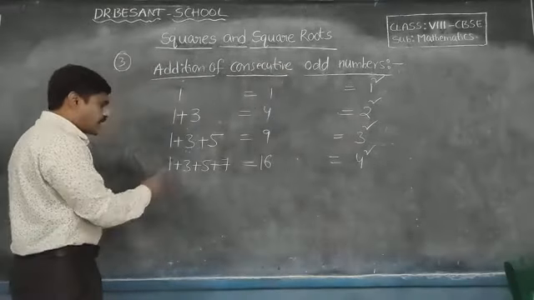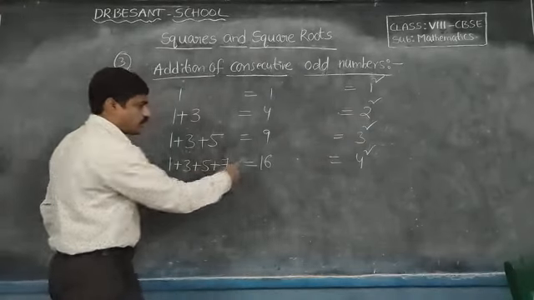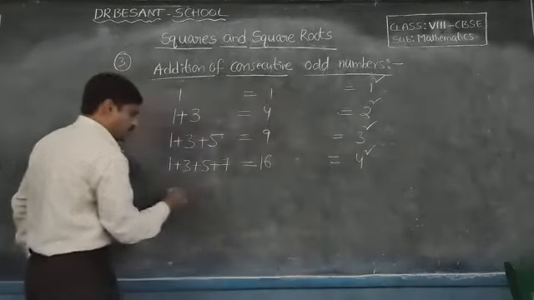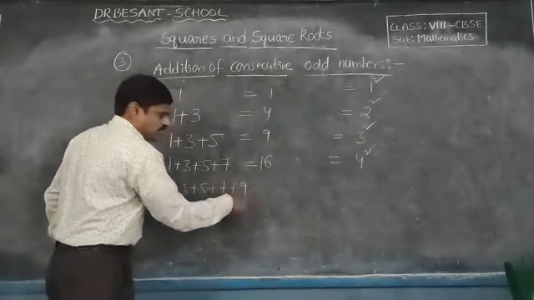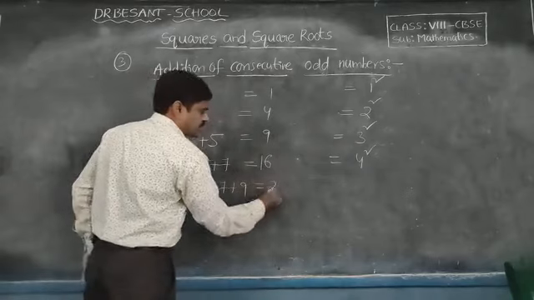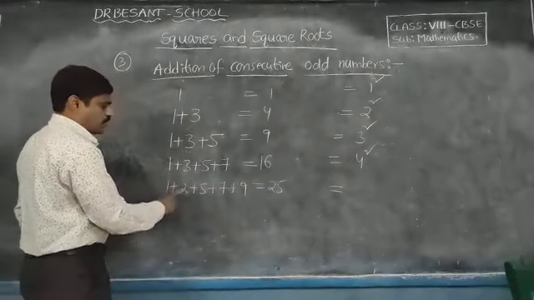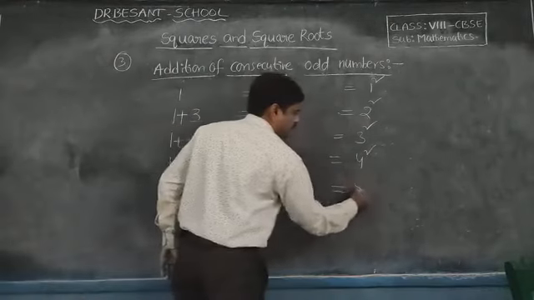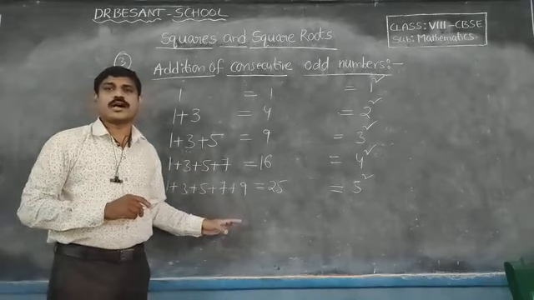Next, how many odd numbers are there? 4 consecutive odd numbers, 4 square. Next, 1 plus 3 plus 5 plus 7 plus 9, that is equal to 25. So how many consecutive odd numbers? 1, 2, 3, 4, 5. So simply 5 square. 5 square means 25. So this pattern we have to observe.